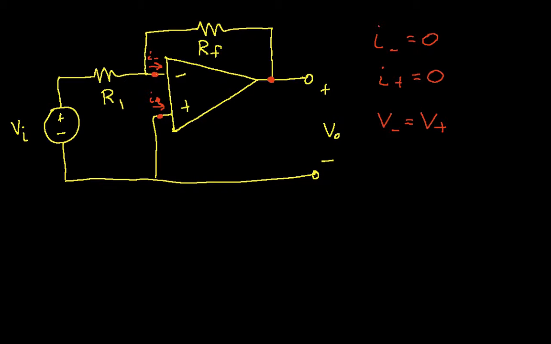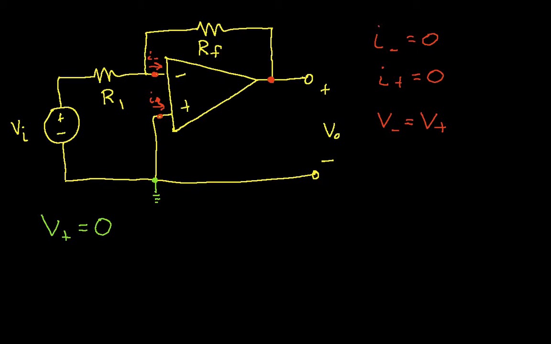First we'll look at figuring out what V plus is. V plus is connected down here, and I should have pointed out this is our ground node, or our reference node. So V plus is connected to ground, so it's equal to 0 volts.